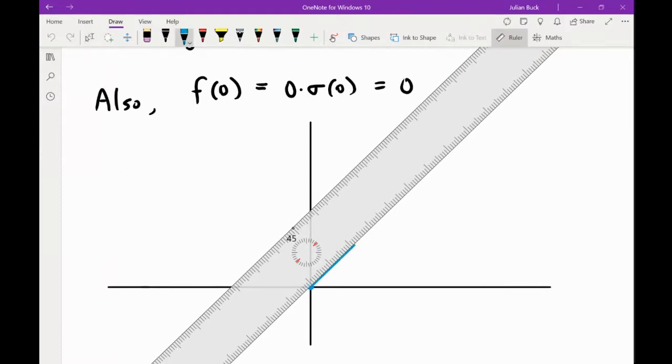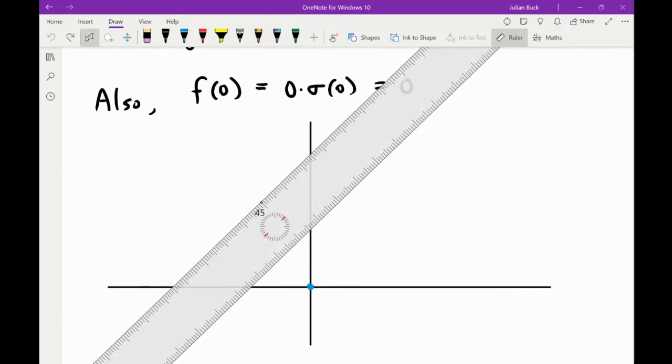So it's going to be below that for a bit. I made it a little too curved there. Yeah, that's close enough.